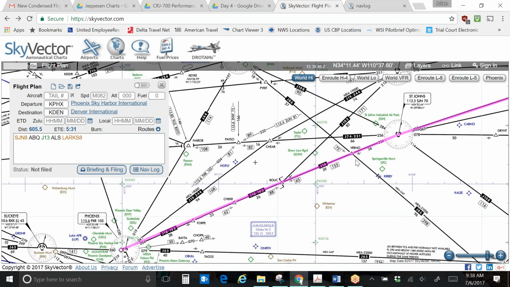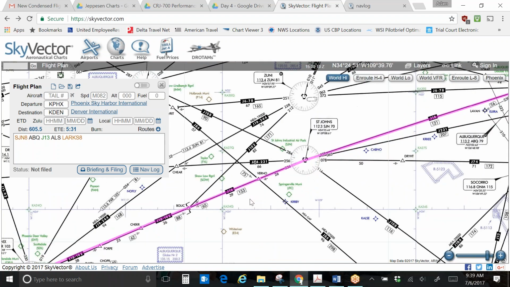There's the Verno intersection. Coming off of St. John's, that's 26, 39. So somewhere in this area here is going to be our top of climb. We don't need to know exactly where it's at. We just need to know the distance, which we already have, 106 miles. So it's somewhere in this area.